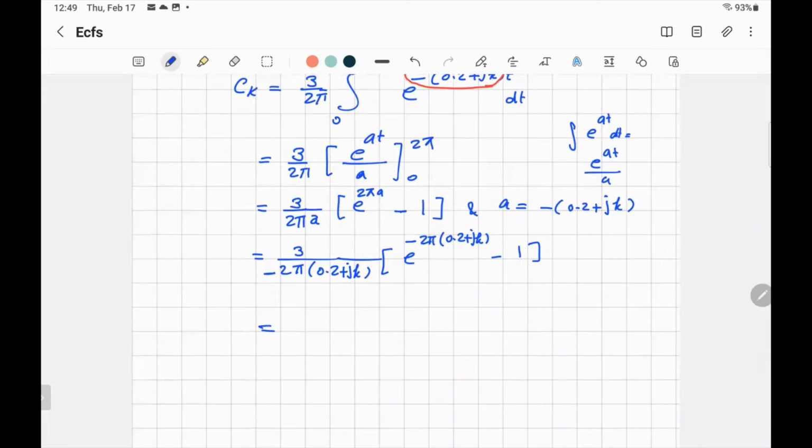So what do you have here? 3 over 2 pi can be a number, I will just leave it now. 3 over 2 pi, and then 0.2 plus jk. And I remove the negative, so instead of e to the power 2 pi a minus 1, it will be 1 minus e to the power 2 pi a.